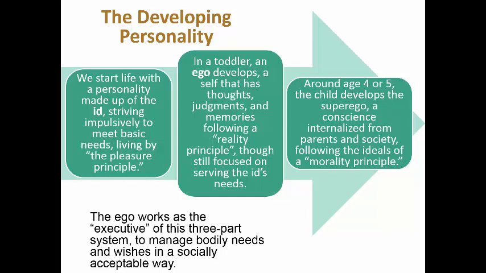So we have urges for sex. The superego might say sex is something that's bad. The ego might say, well, the id wants it, the superego doesn't want it. What can we do, and how can we find peace in this relationship?